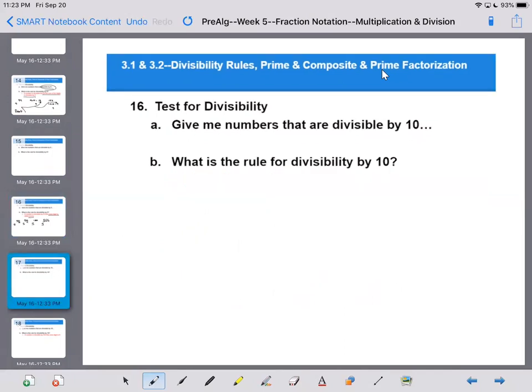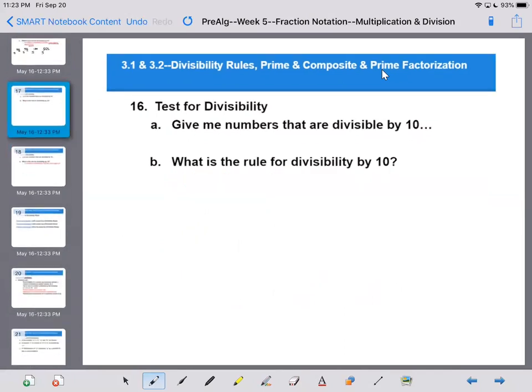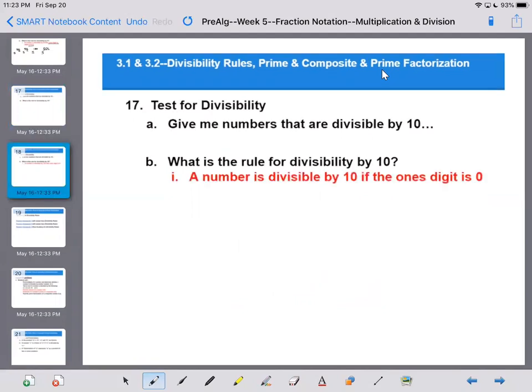And the same idea with 10: a number is divisible by 10 only if the ones digit is 0. So if you think about that, well, we know 10 will divide 10, but not 15.